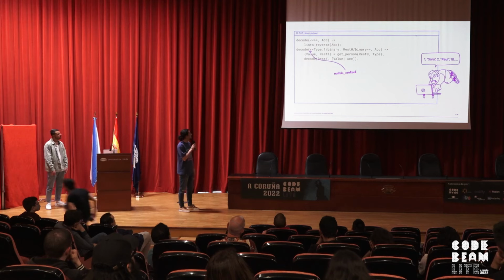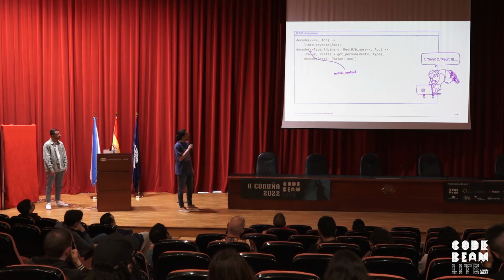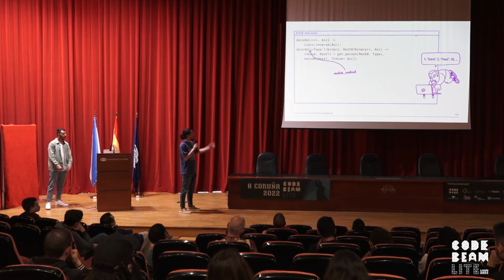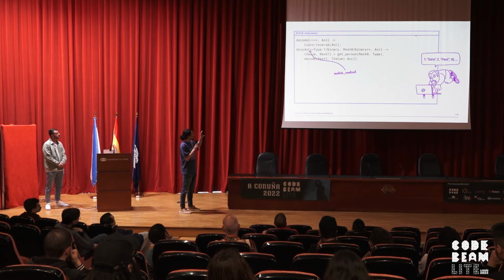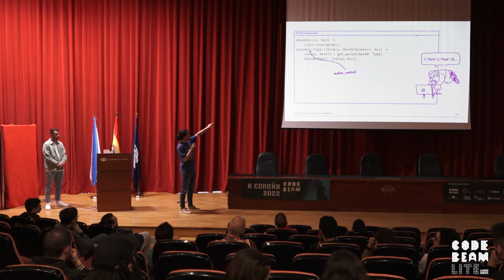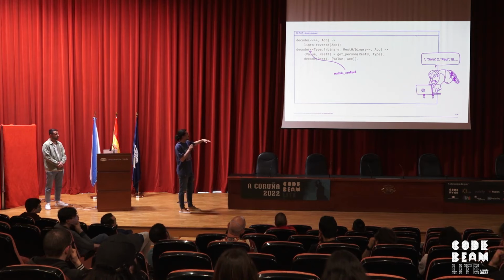We have a decode function that takes a binary and an accumulator where we are going to be placing the fields of each person's information. And each execution of the decode function takes the information for one particular person from the binary and returns it in the value variable and returns also the rest of the binary. And after that, it calls itself, putting that value, that person's information, in the accumulator.